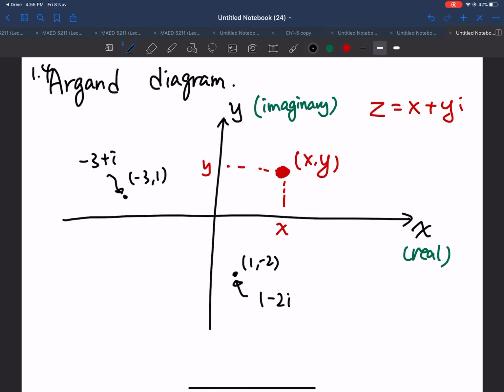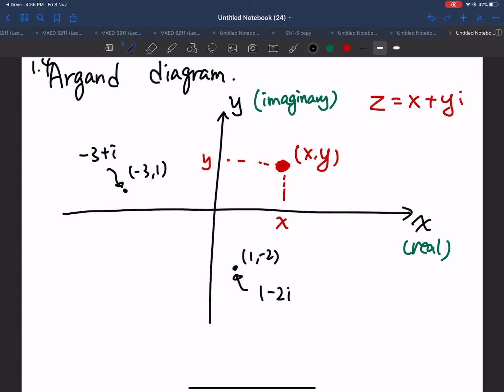Even in junior secondary, you have learned the coordinate system, xy coordinate. Yeah, okay.